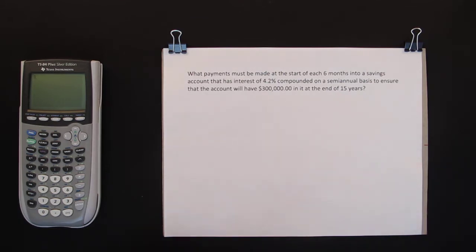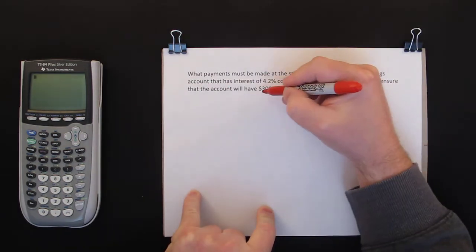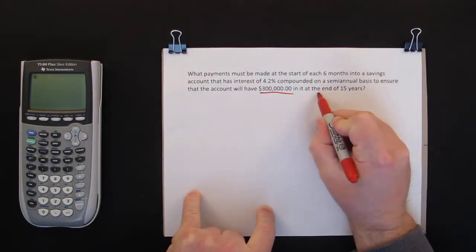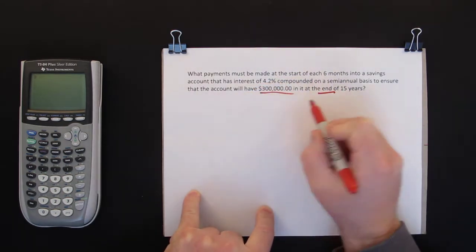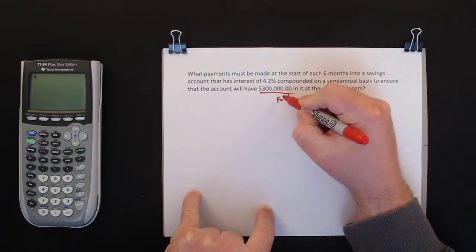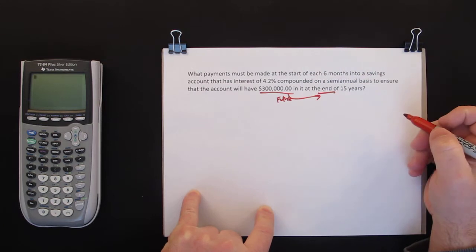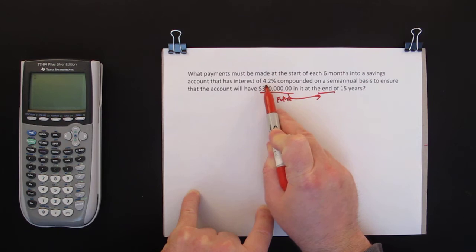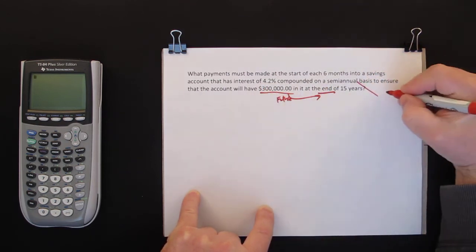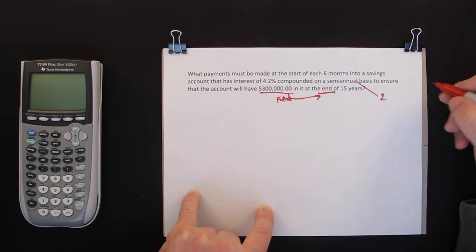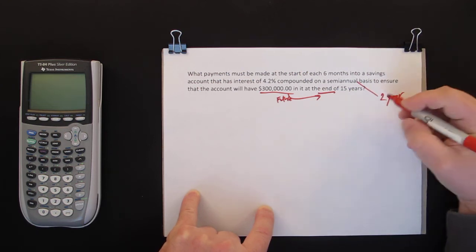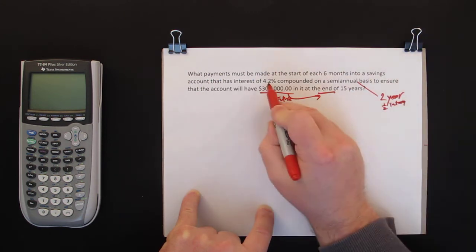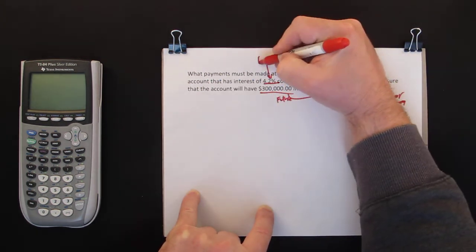Okay, so first up, we are after $300,000 at the end, so this means future value. 15 years, and we have an interest of 4.2% compounded semi-annually, so that means 2 per year, or half interest, right, of the annual rate, because remember, this is annual.